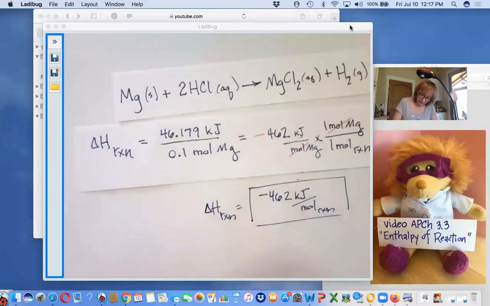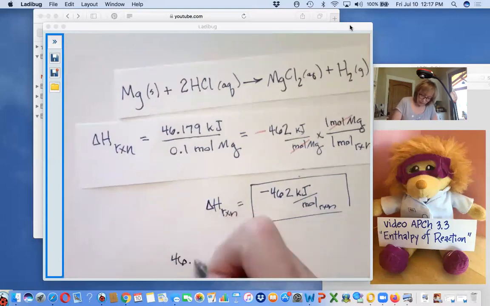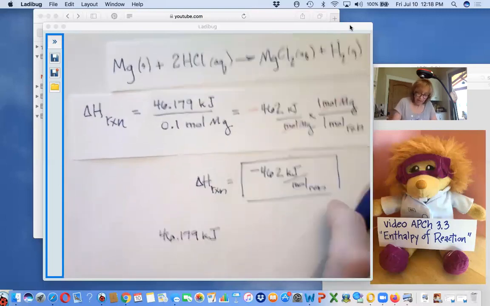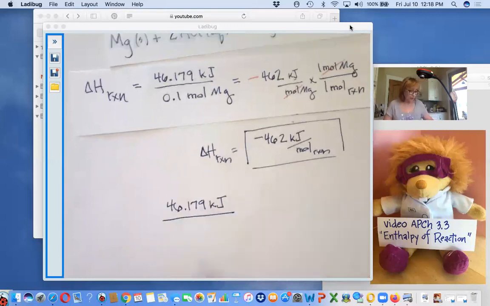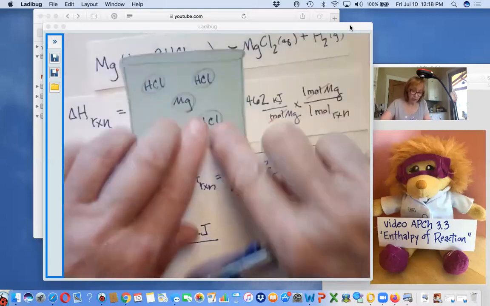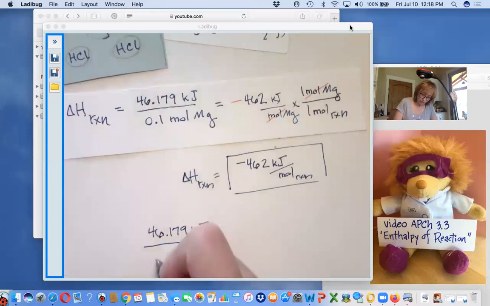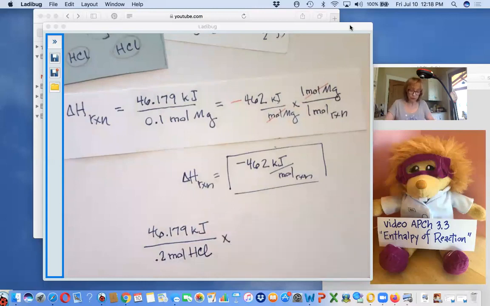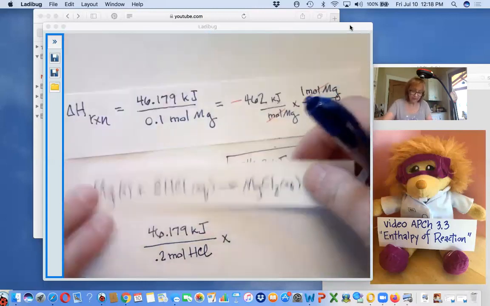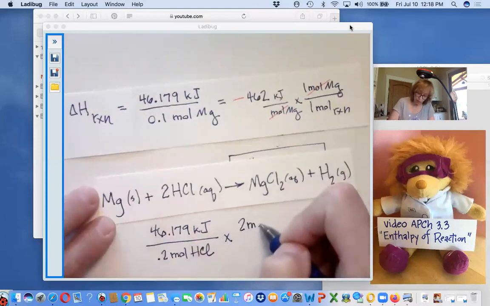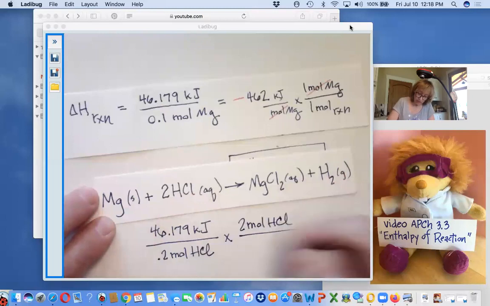So if we did that very same experiment and we took our Q, changed into kilojoules, and that happened when we used 0.2 moles of HCl, then we go to our balanced equation and we say, oh yeah, in this reaction, there are 2 moles of HCl in a mole reaction.